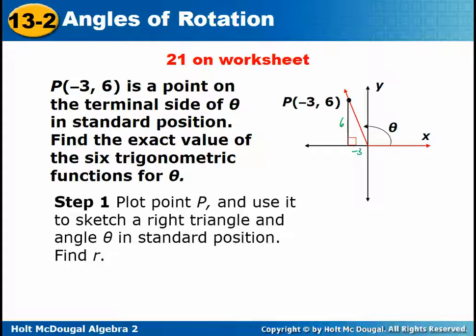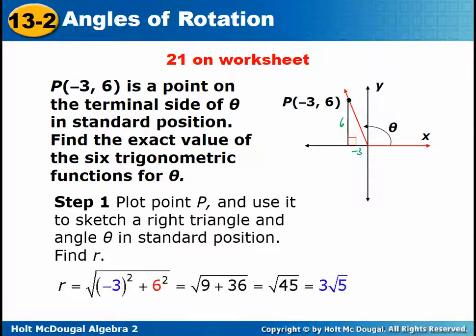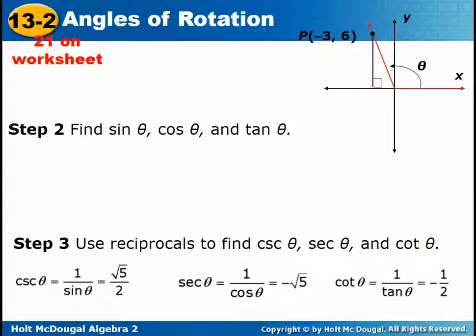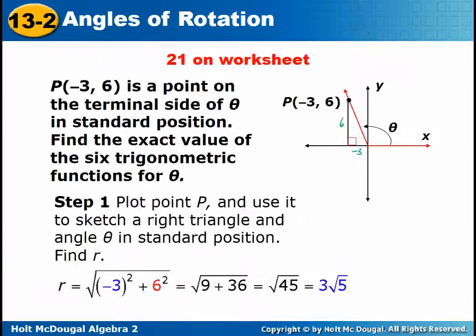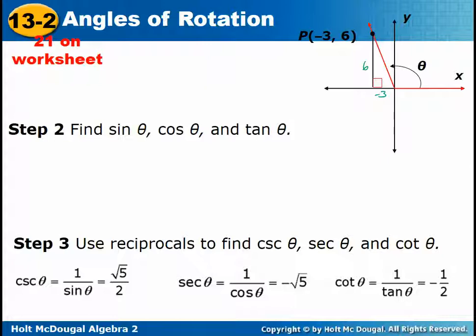You're going to go -3 squared plus 6 squared is equal to 9 plus 36. That's the square root of 45. So 3 times the square root of 5. Now I need to put these back in, -3, 6, 3 square root of 5 is the hypotenuse. So the sine is, we're looking for this angle here.